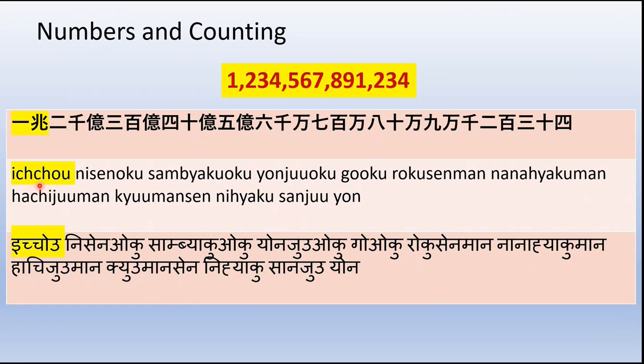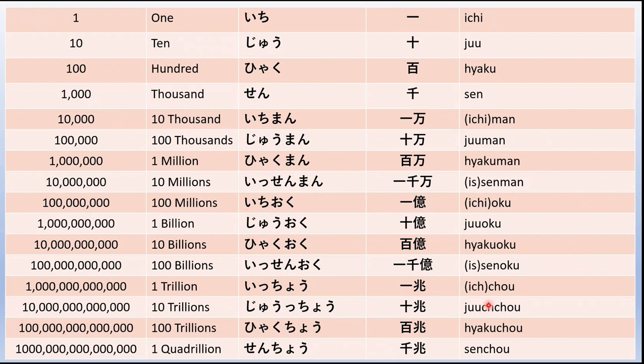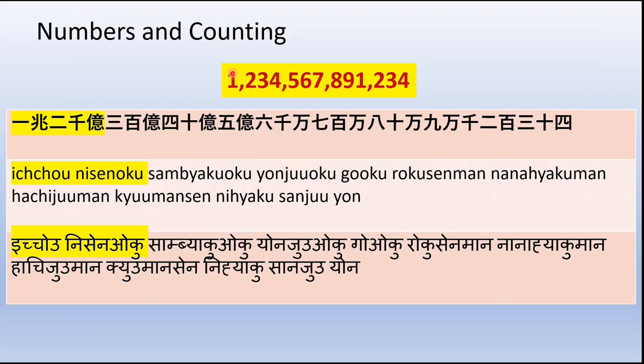So after icho, what do we have? After icho, we have senoku, which is 10 times less than cho. In this number, we have 2 followed by the rest of the digits. So it will be nisen oku. Ni is for 2.